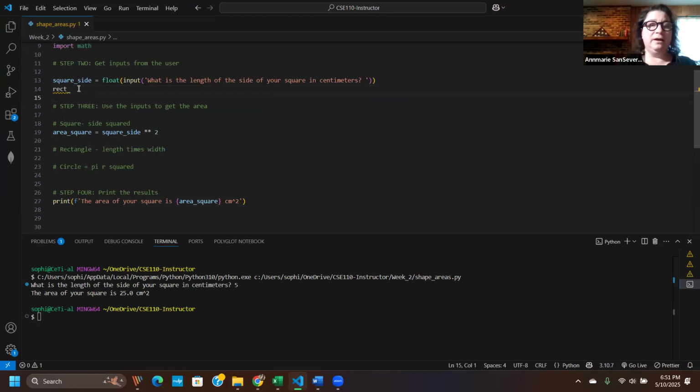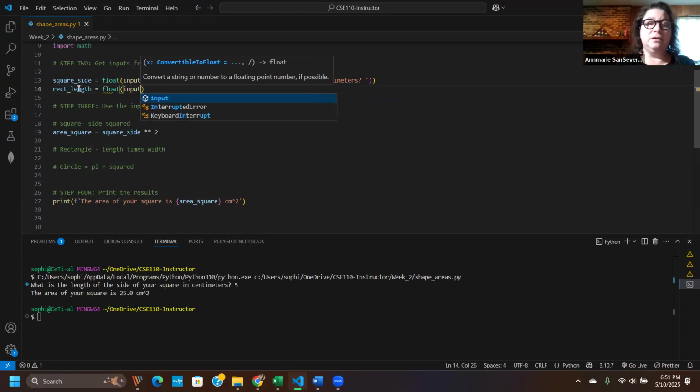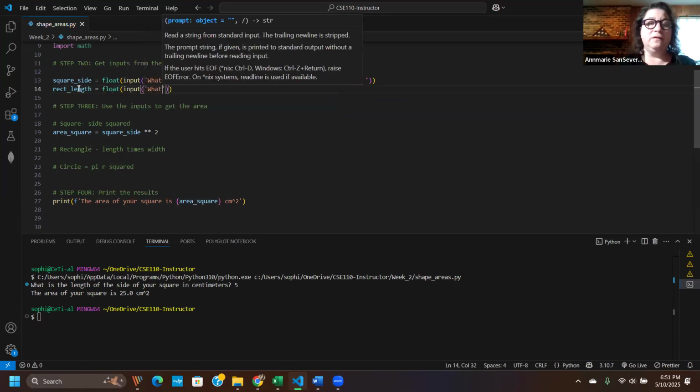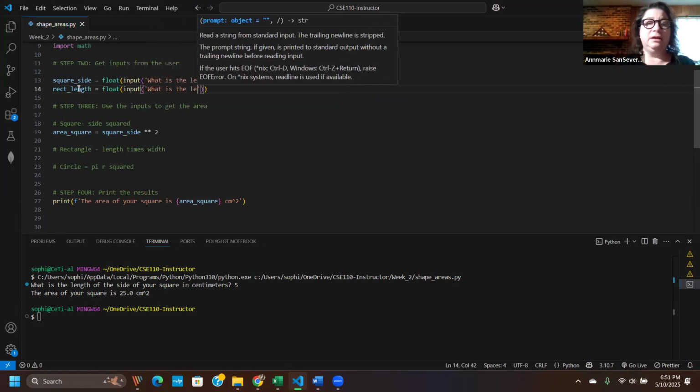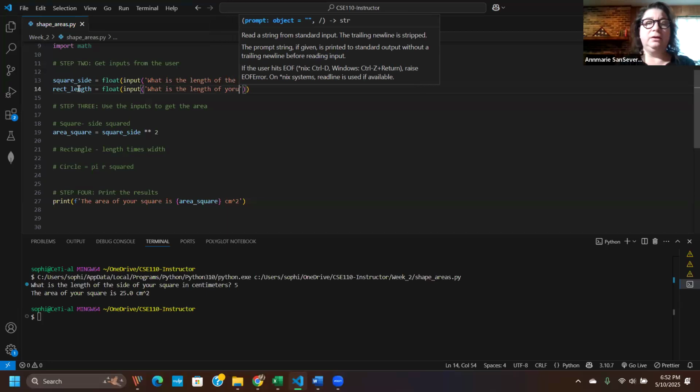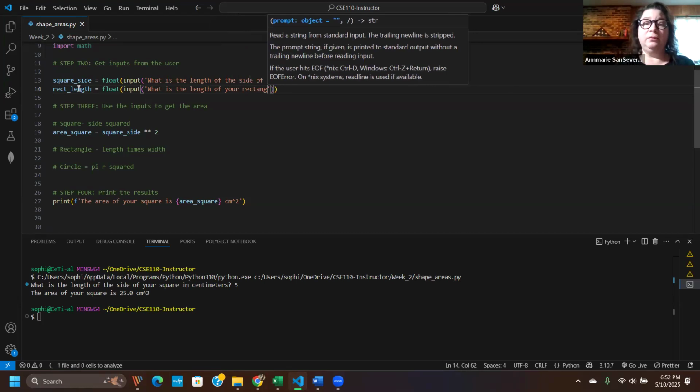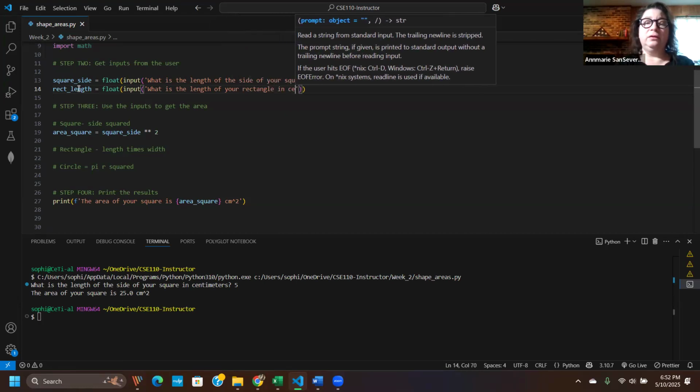So we need the rectangle length equals float, what is the length of your rectangle in centimeters?